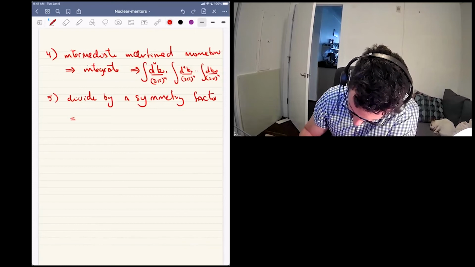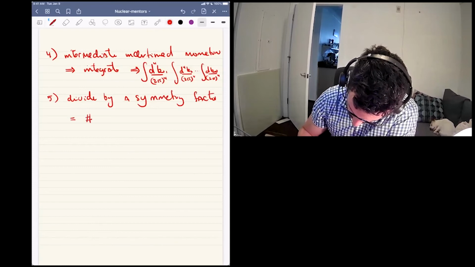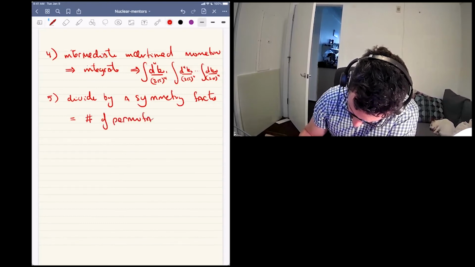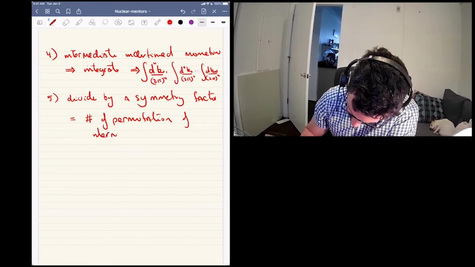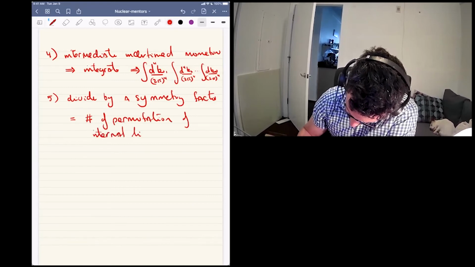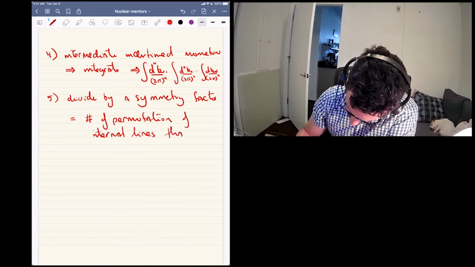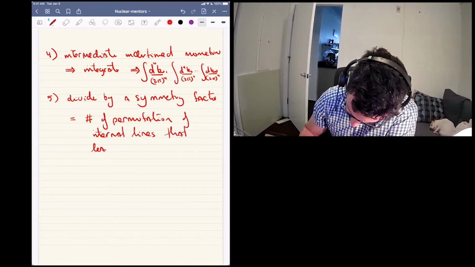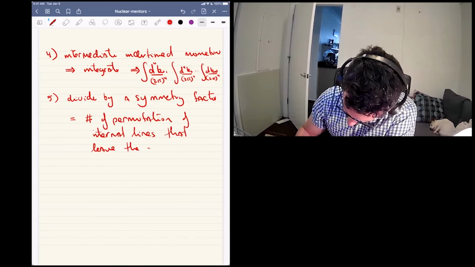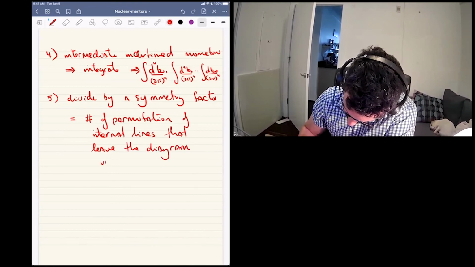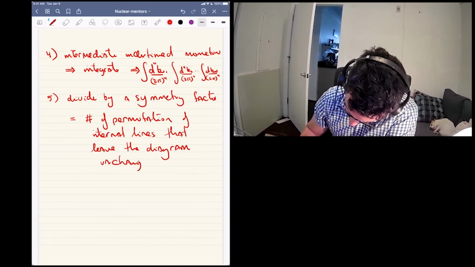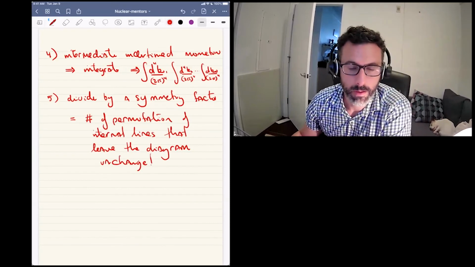This is equal to the number of permutations of internal lines that leave the diagram unchanged. So I'll give you an example of that, but that's it.